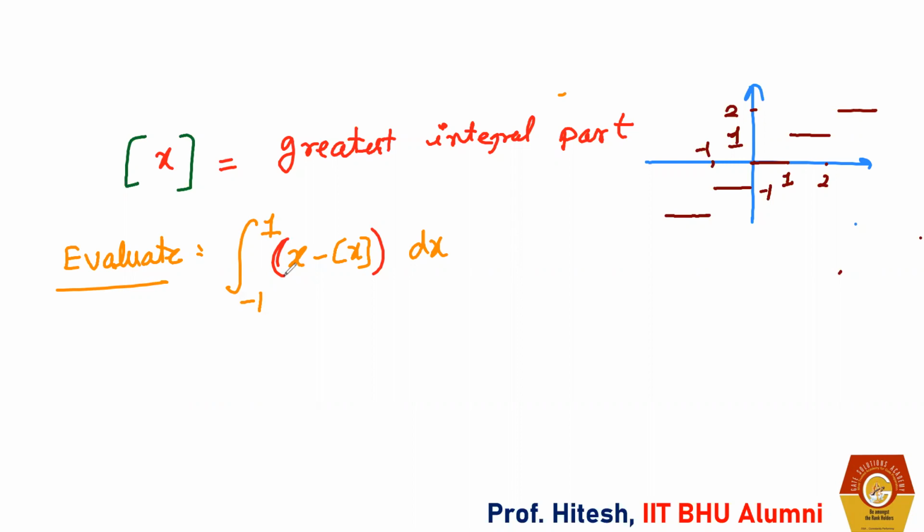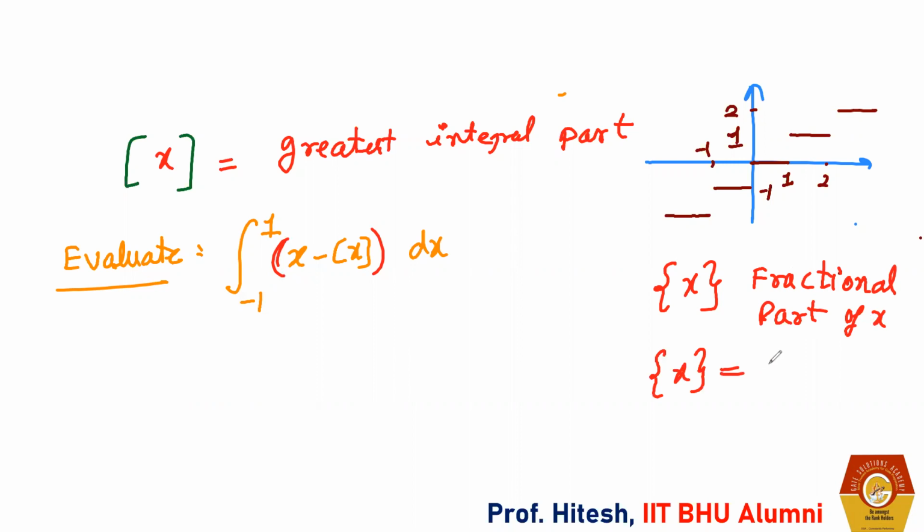Okay, if the bracket is like this, this is called the fractional part of x, and this is nothing but x minus the greatest integer function x. Understood? Remember this. Okay, so let me clear this. We have to evaluate minus 1 to 1 of x minus greatest integer function x.